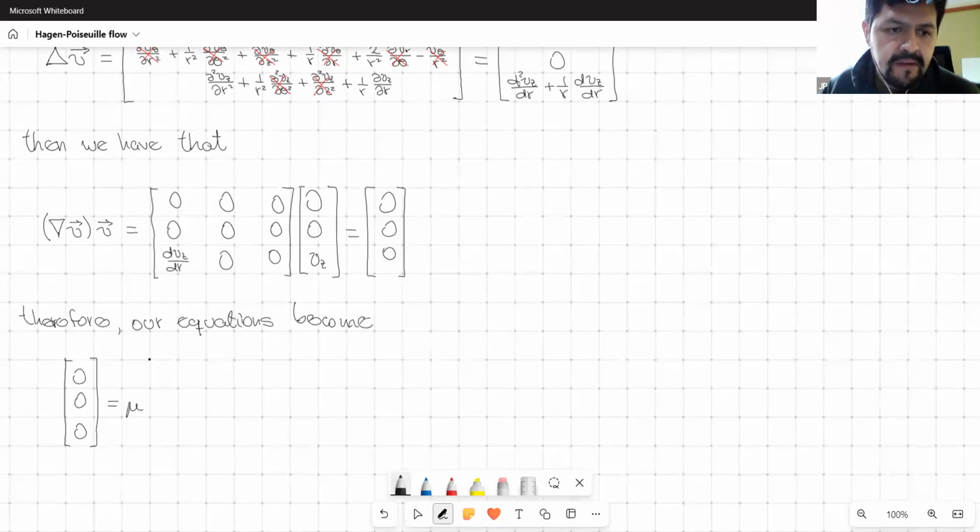On the right, we have mu times the Laplacian, and the Laplacian we now know is these derivatives, the two of them. Everything else is 0. Then we have minus the pressure gradient, which in cylindrical coordinates looks like this.